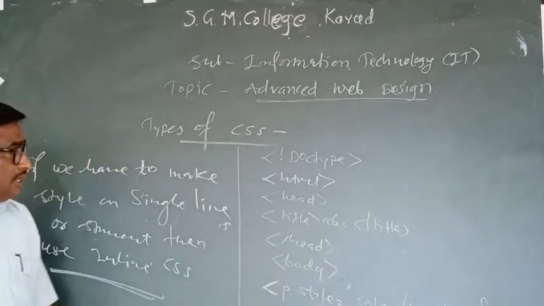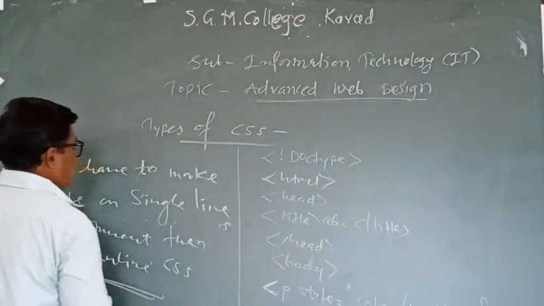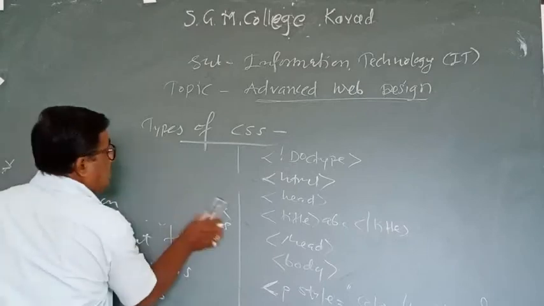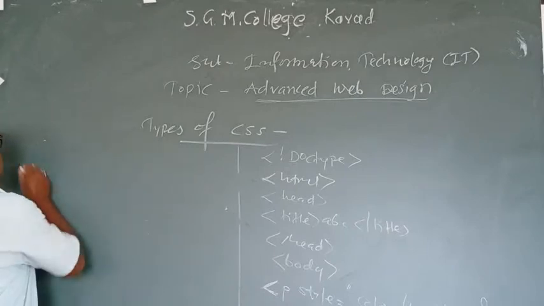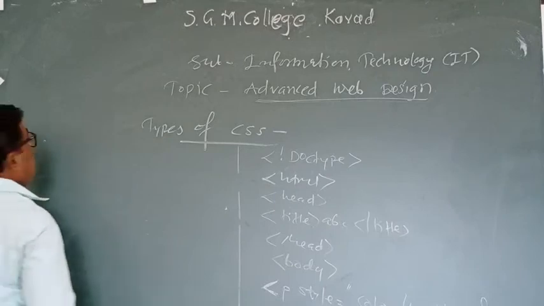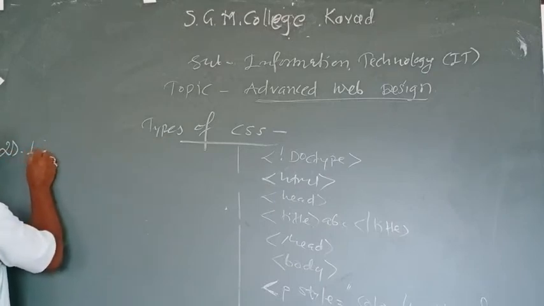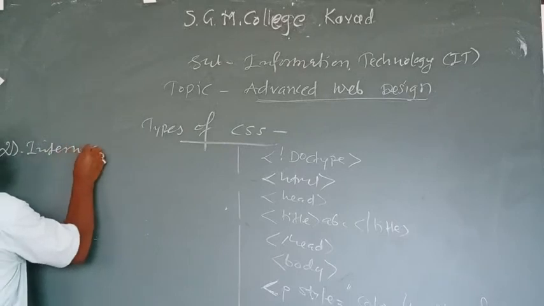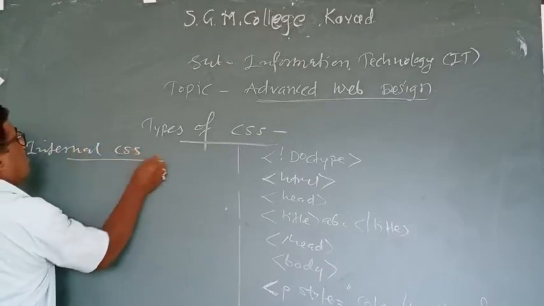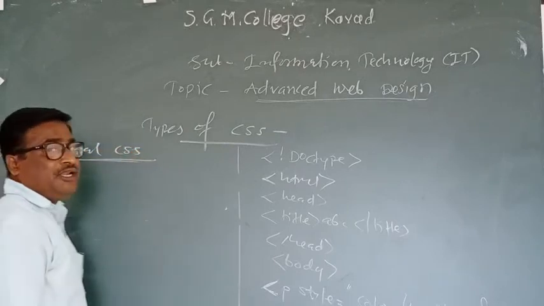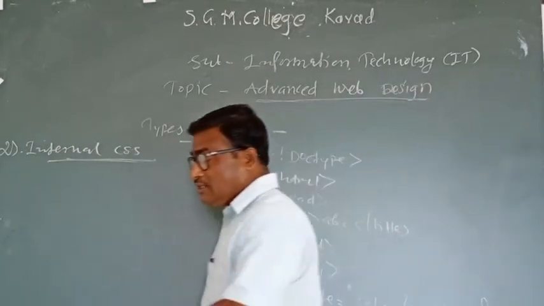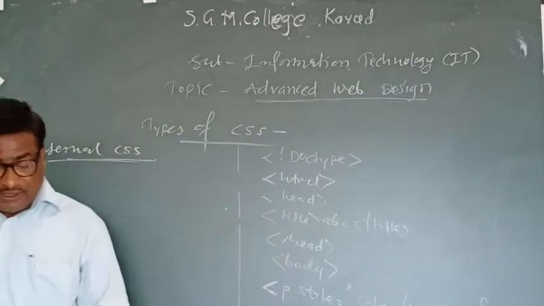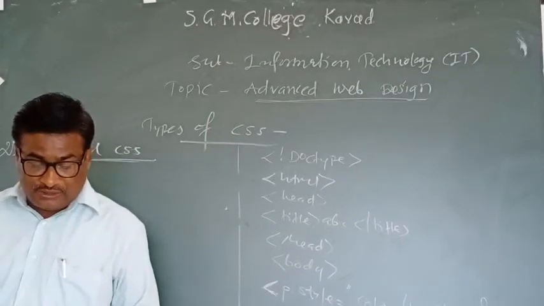Then another type is internal CSS or embedded CSS. Second type is internal CSS or embedded CSS. Embedded means merged, or internally it makes an internal change, therefore it is called internal CSS.